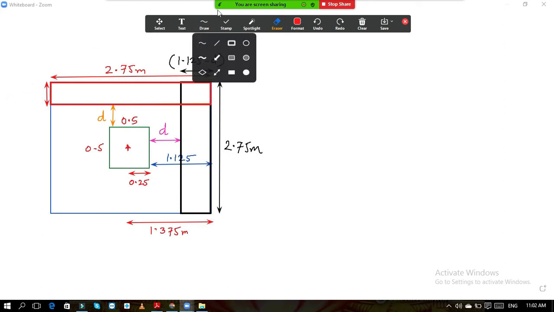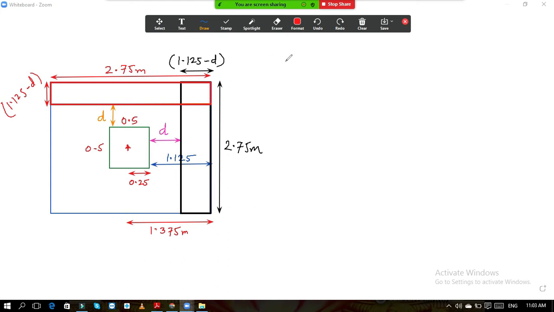So I will write clearly, it is 1.125 minus d. Okay, so this is the distance. So if you see the area of both strips, it is the same.